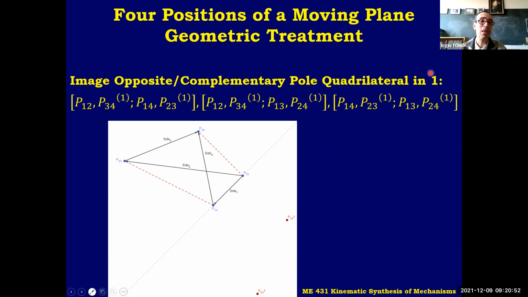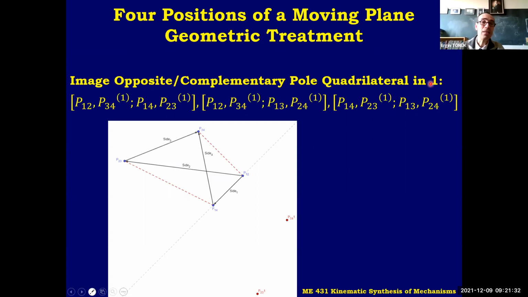The mathematics, the mechanism, it doesn't know it. The only thing is, in some design problems, you may want the positions to be achieved in order. That is, you may want the plane to move from 1 to 2, then to 3, then to 4. Okay, in that case, if order is important, then numbering becomes important. Otherwise, it's fully arbitrary. Whatever I call 1, you may call 2, 3, or 4 as well. So what I tell for position 1 is true for all others as well, okay?